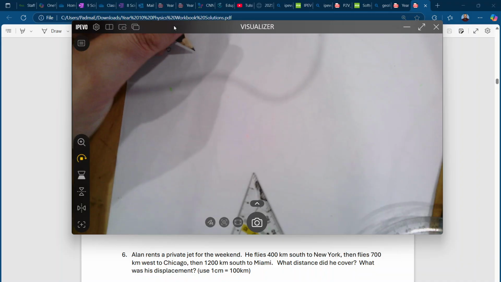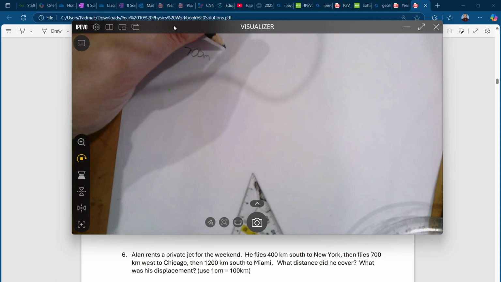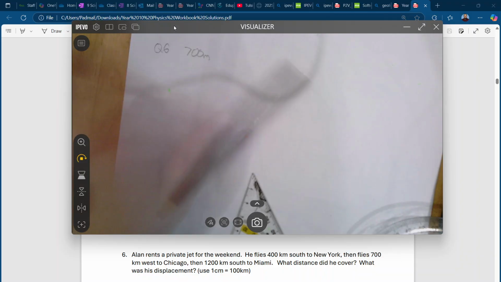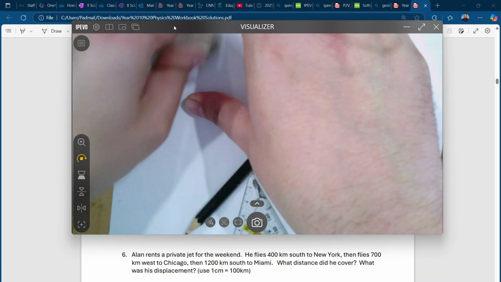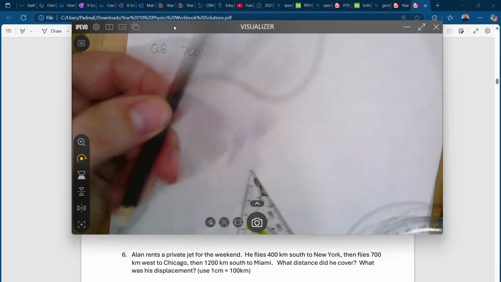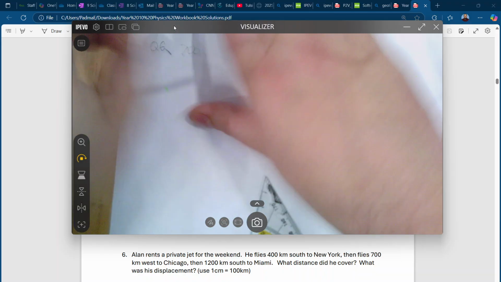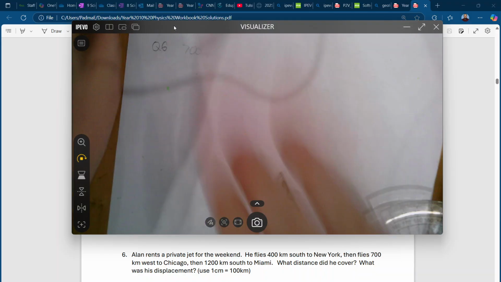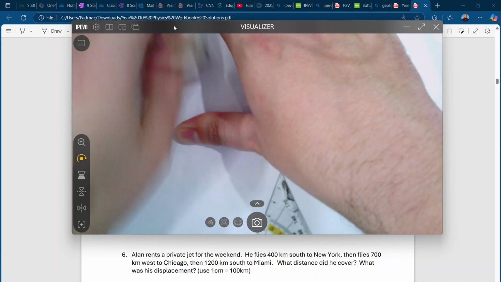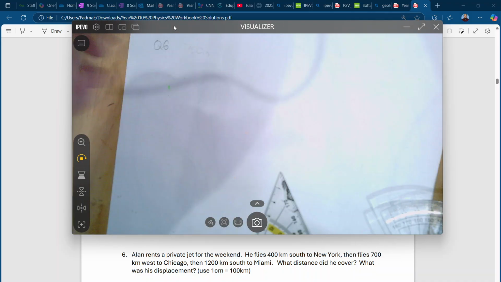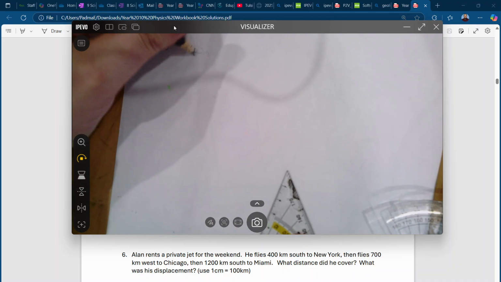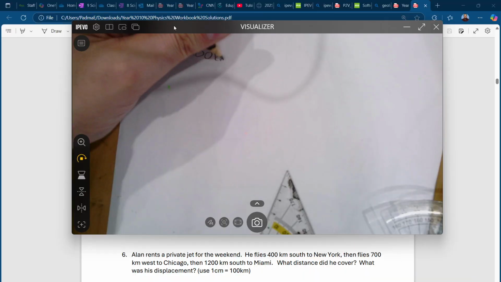So let's just think of the vectors we have here. We've got 700 kilometers. Sorry, kilometers. I'm going to do them in order to start off with. So we've got 400 kilometers south.